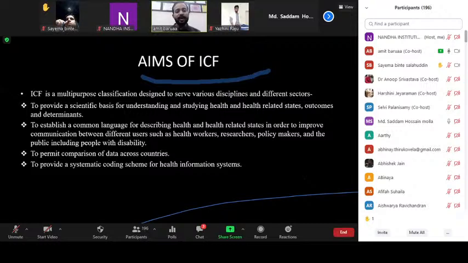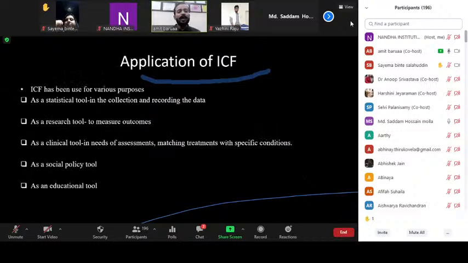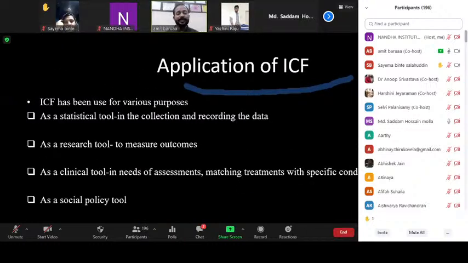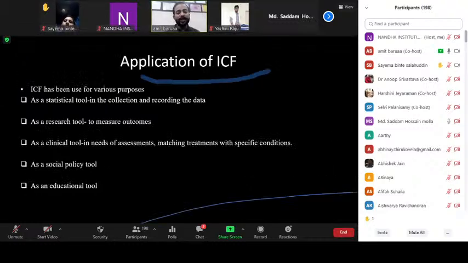Everything is there if we are using the ICF model. It can be used as a statistical tool in our research papers. We can use it as clinicians, and for educational purposes also. So that's why the ICF model is very important before understanding the assessment.